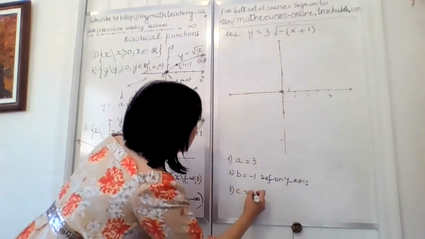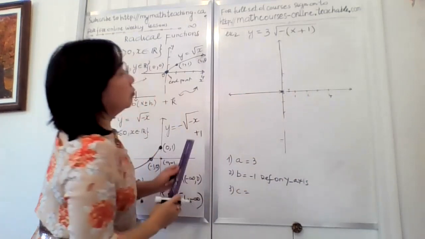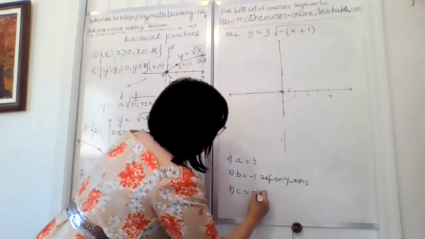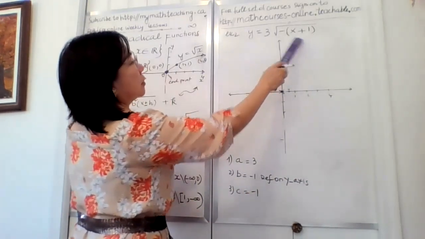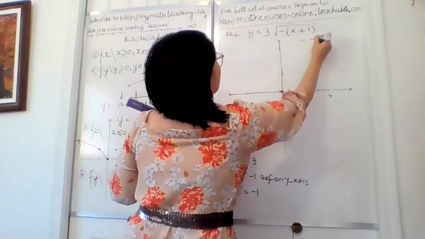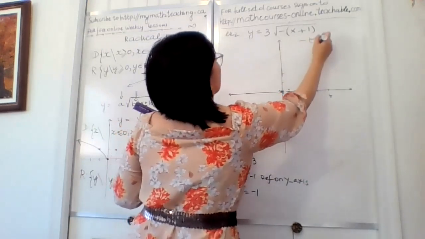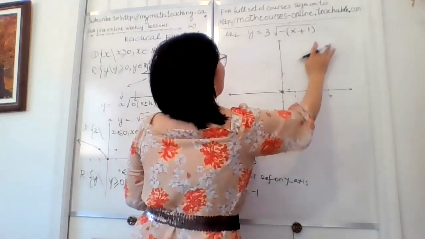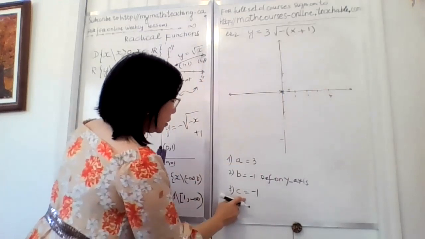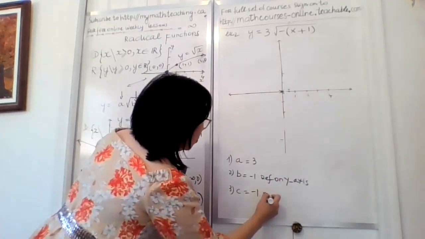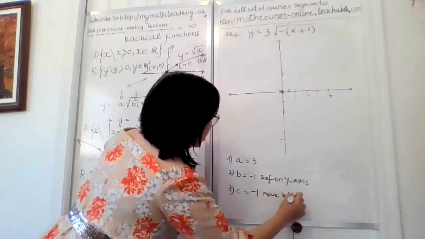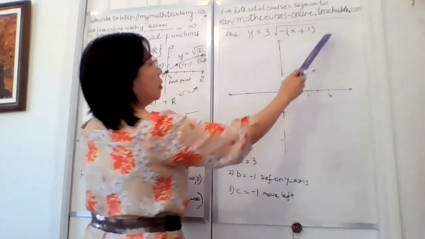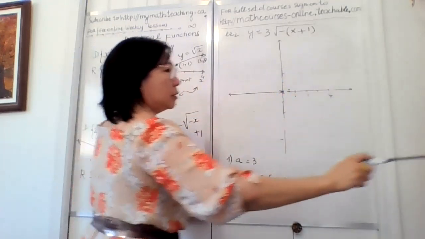So the C here is -1, because the formula itself is negative, and negative times negative will become positive. Based on the sign, we know we move the function to the left because C is -1. So move left. That's it. We don't have a vertical shift outside here.